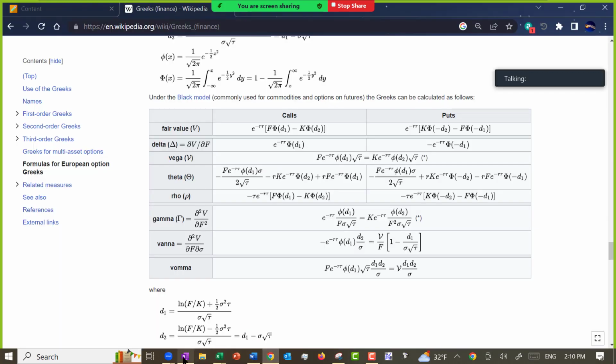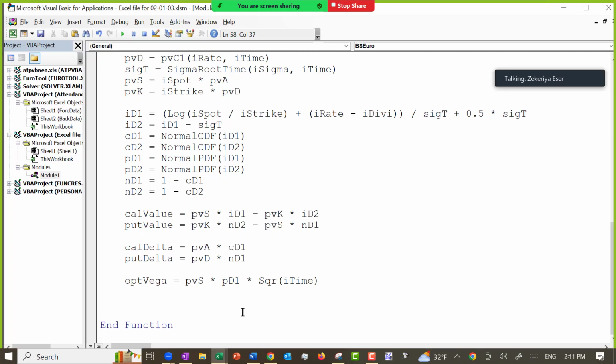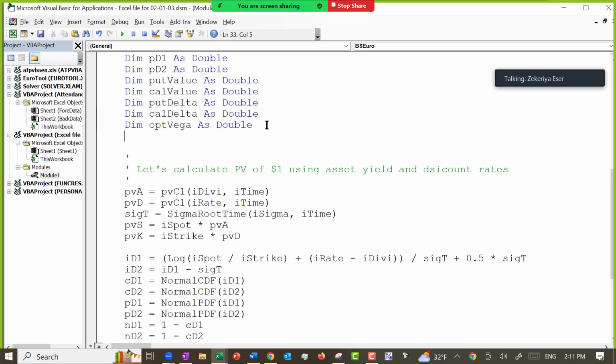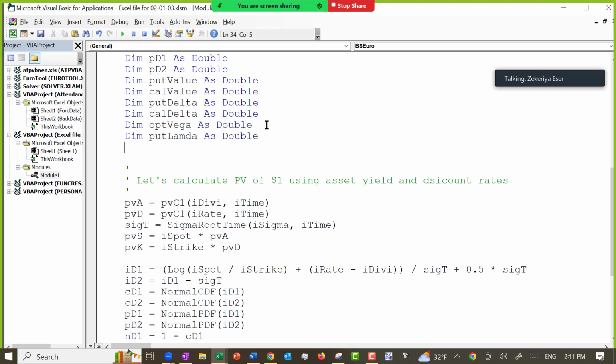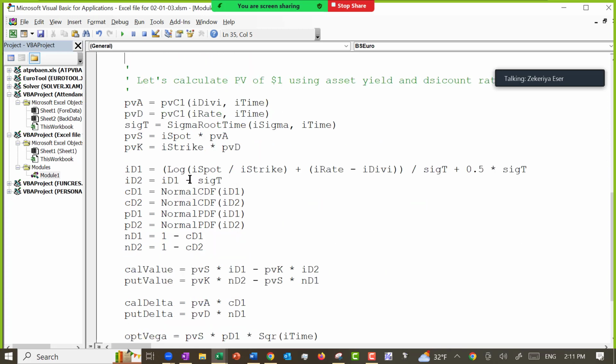That's in terms of things we've already done. So let's call this dim put lambda as double. This is the implied leverage of the option, also known as the elasticity.